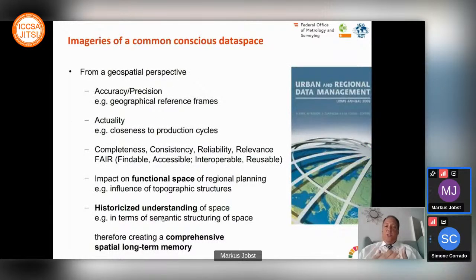From the geospatial perspective, we have to add further requirements. I'm not going into detail for the quality constraints here: accuracy, actuality, completeness, consistency.